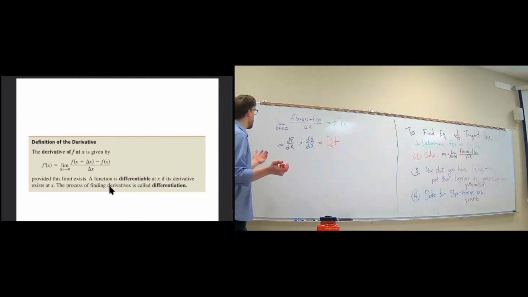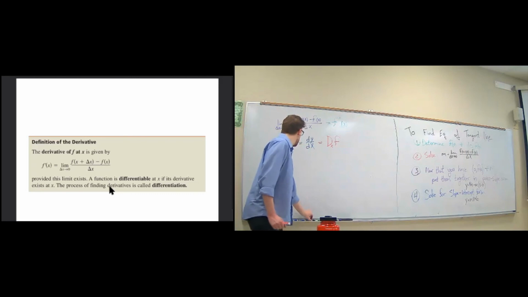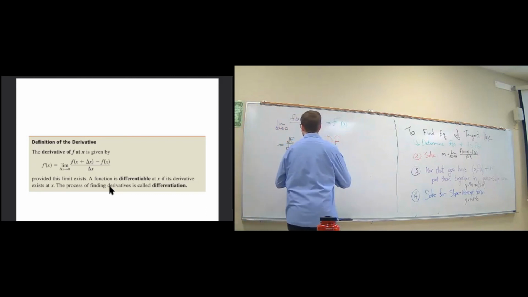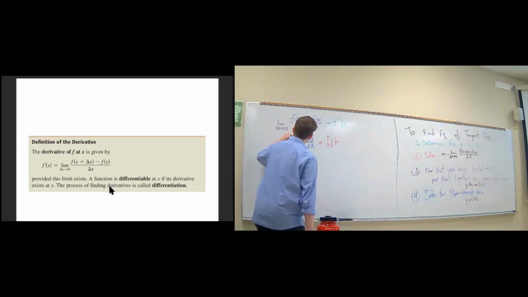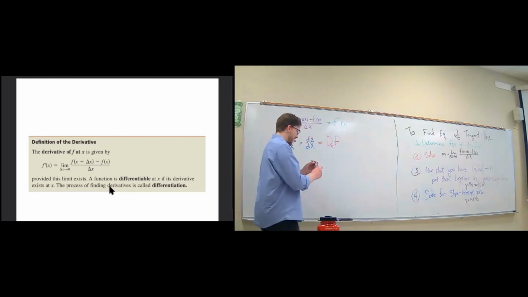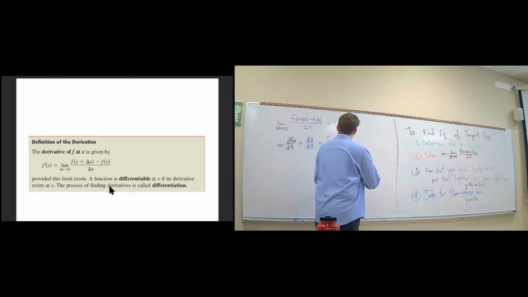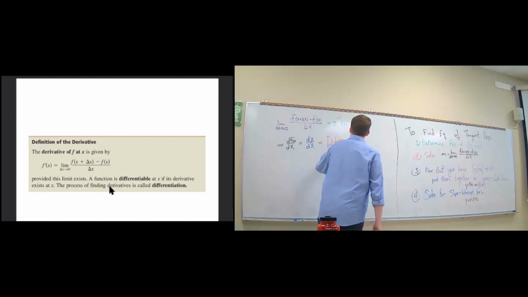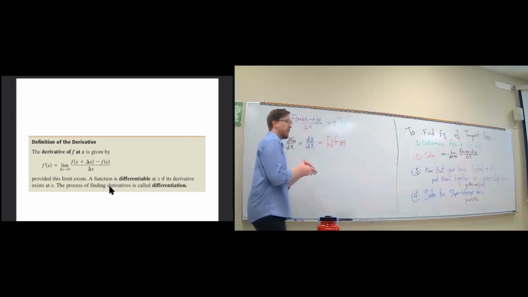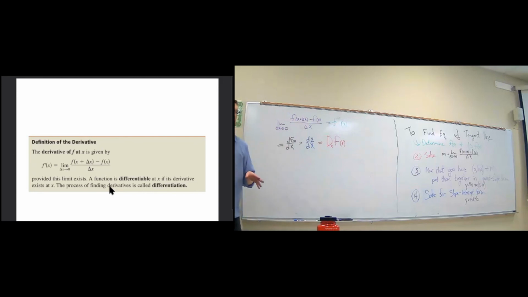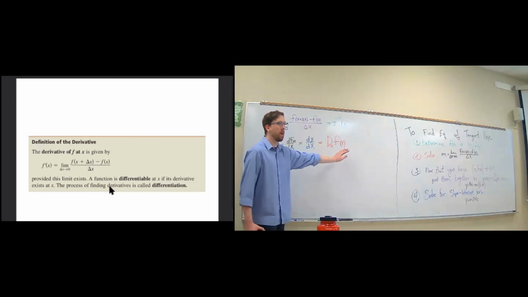What other notations am I forgetting here? A bunch, but this is generally what you might see. We could also write this as d/dx of f of x, and d/dx f of x. So there's a bunch of different ways of denoting this. Just in case we come across any of these and you're like, why? It all means the same thing.